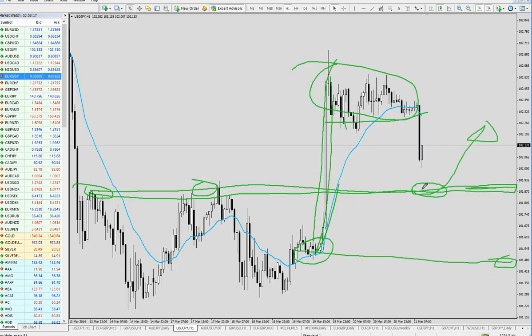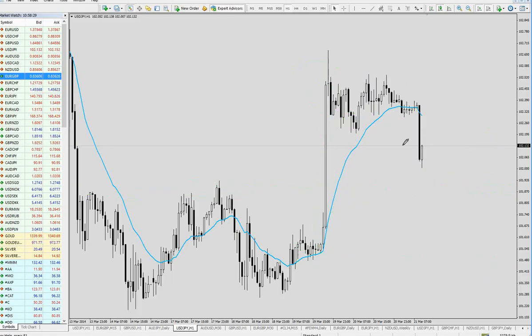How I would approach a buying opportunity here: I would like to see a move to the downside. Again, some hesitation. Right? Let's say on the 15-minute chart or maybe 5, it's up to you, but we have this support here.